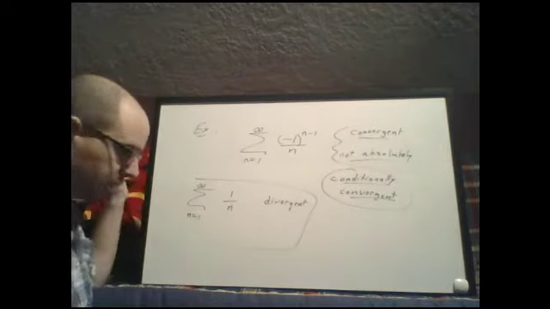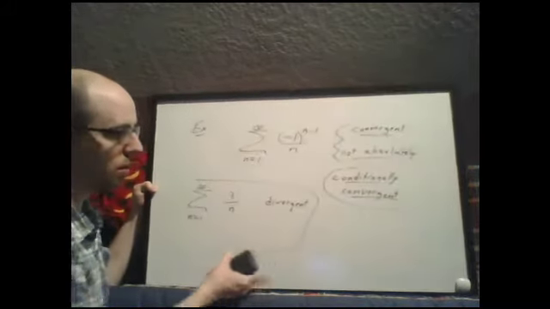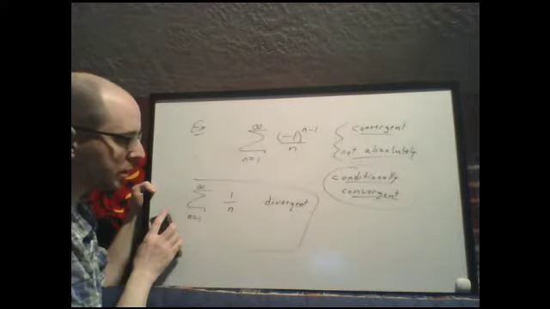All right. So the main point of this is what I've already said. If a series is absolutely convergent, then it's automatically convergent.